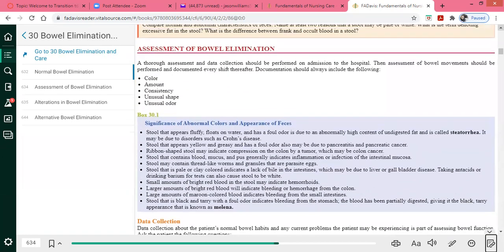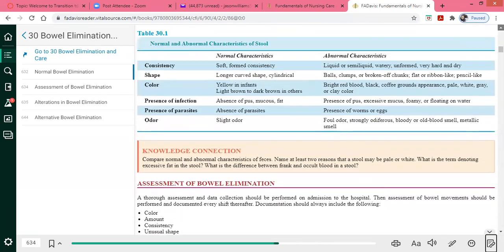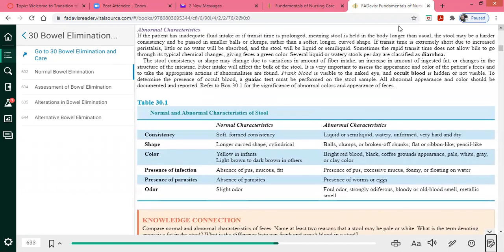And the way that we would detect occult blood is by administering the Guaiac test. The Guaiac test, or occult blood test, will actually test for hidden blood in a stool, or blood that's not visible to the human eye.